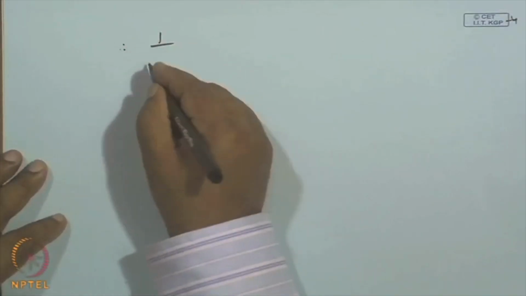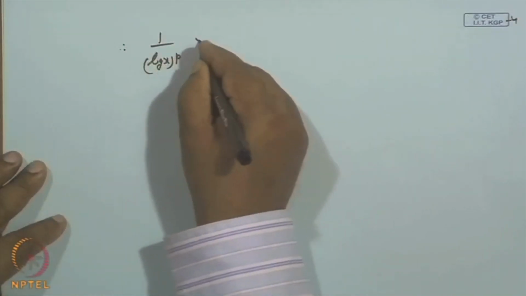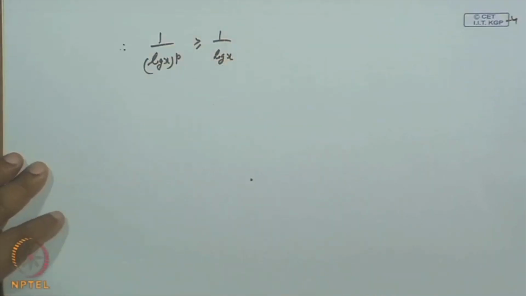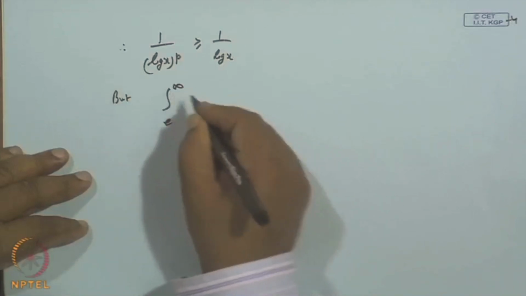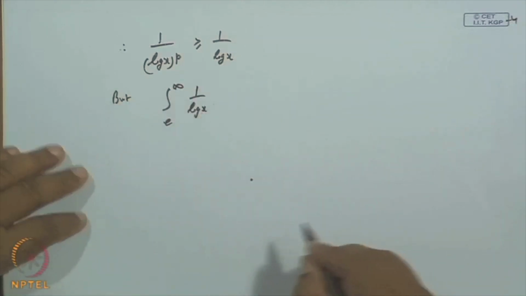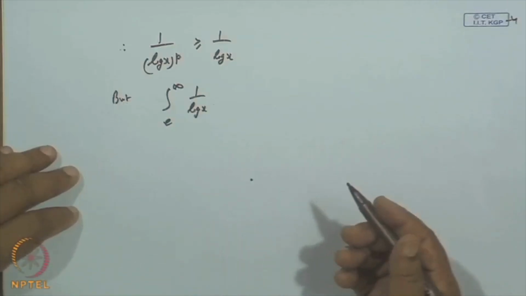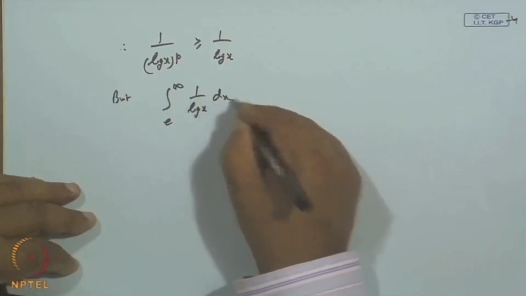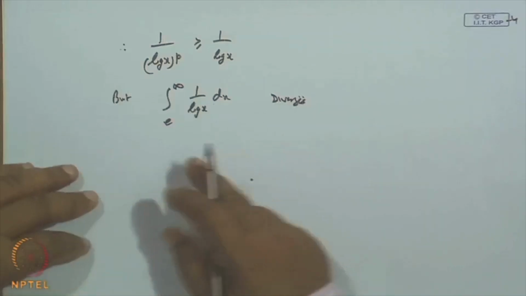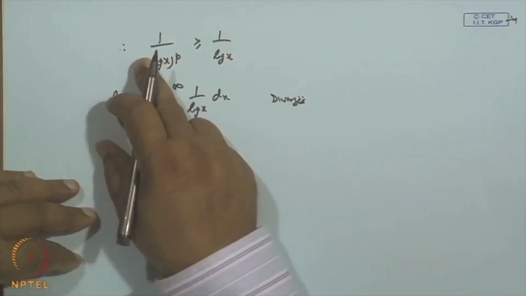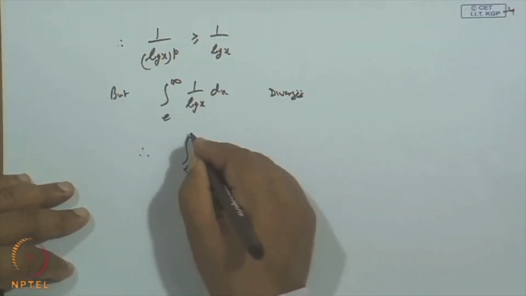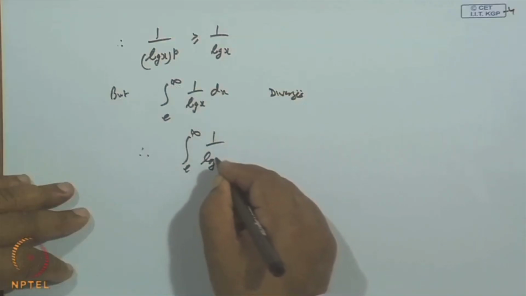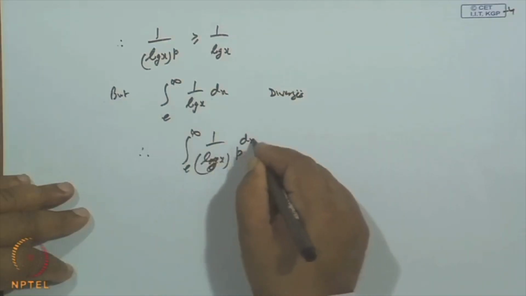Therefore 1 by (log x) to the power p is greater than or equal to 1 by log x. But the integral from e to infinity of 1 by log x diverges, so this integral diverges too.